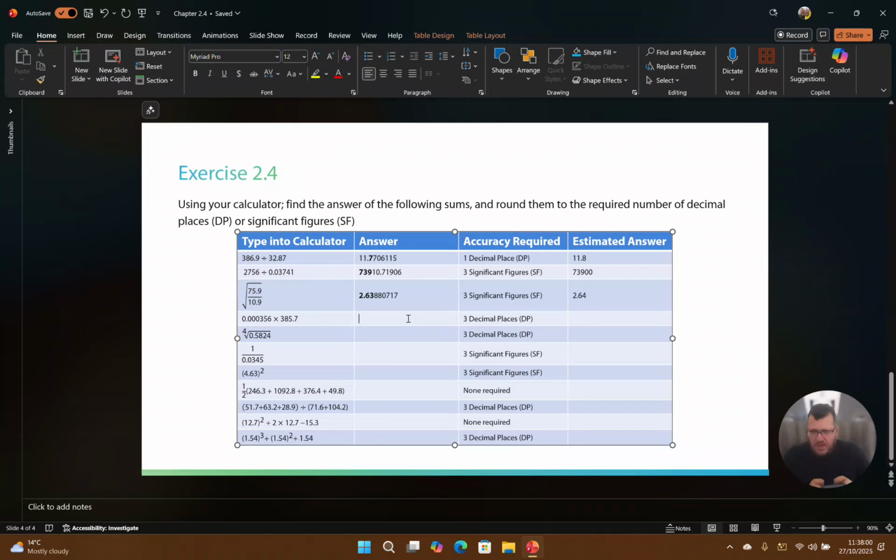So we got 0.000356 times 385.7, which gives you that as an answer. I shall write that down as well, just in case we get blurred out.